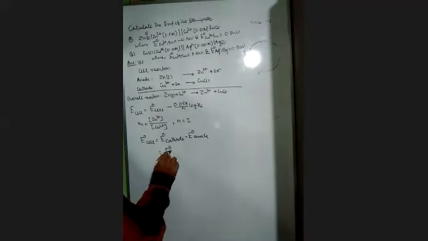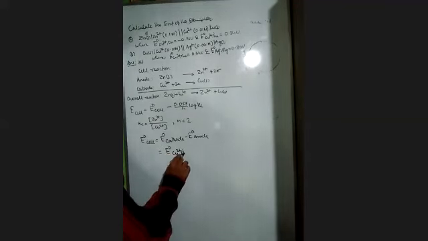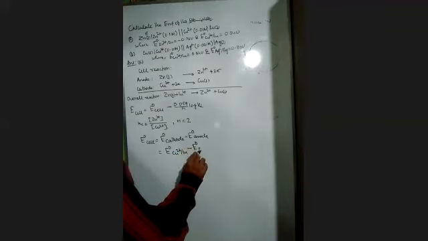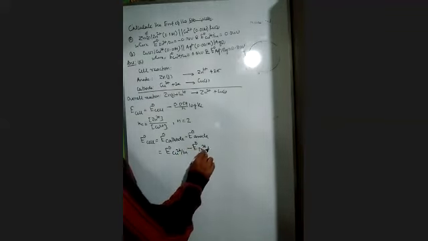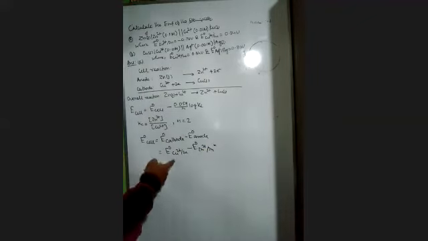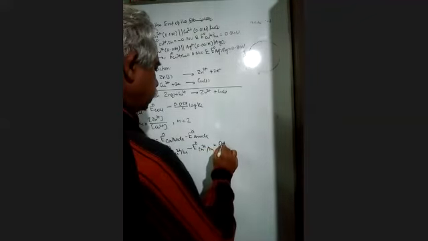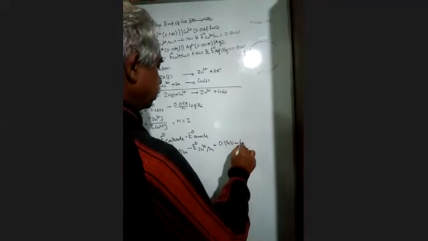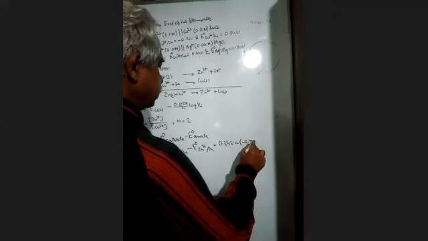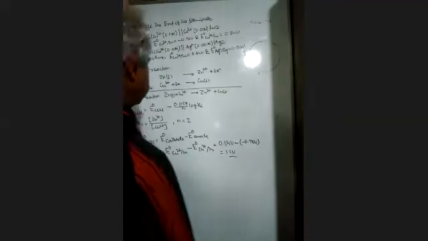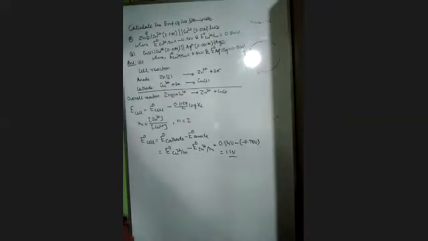So here cathode is Cu2+/Cu minus E0 Zn2+/Zn, which is 0.34 volt minus (minus 0.76 volt), so is equal to 1.1 volt.